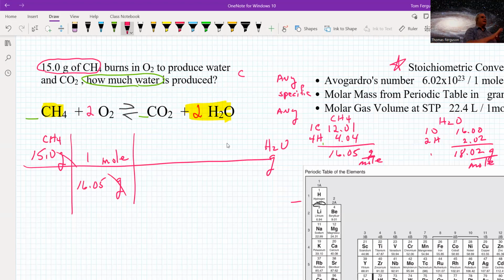Now we have moles of methane. And the ratio between the moles of methane to the moles of water is 1:2. So that's the next step, is to do the conversion from one mole to the other mole. And the methane needs to go on the bottom so it cancels.